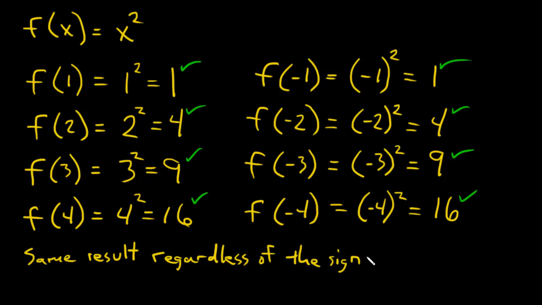And so it doesn't matter if I plug a negative value in or a positive value, I'm still going to get the same result. Now, another way I can put that is, here we go, drum roll. If I plug in a negative x, I get the exact same answer as plugging in a positive x.